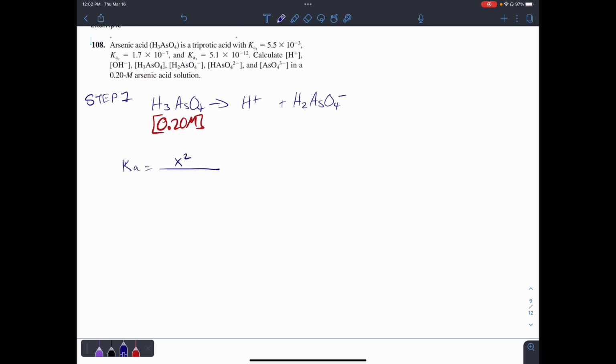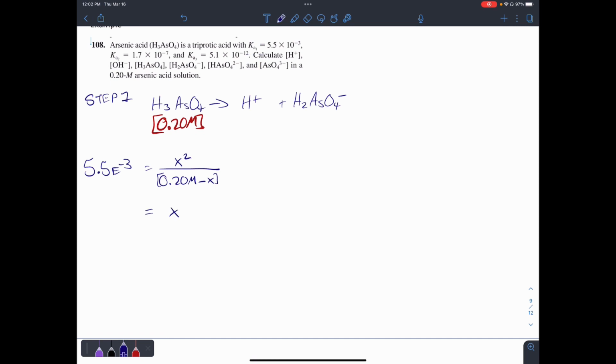And then the only reactant is the original acid. And I know its concentration is 0.2, but some of it will dissociate, so that's the minus x part. So I've got these concentrations. I also have the Ka value, so let me plug that in. And notice I'm using the Ka1 because it's the first hydrogen that we're dealing with.